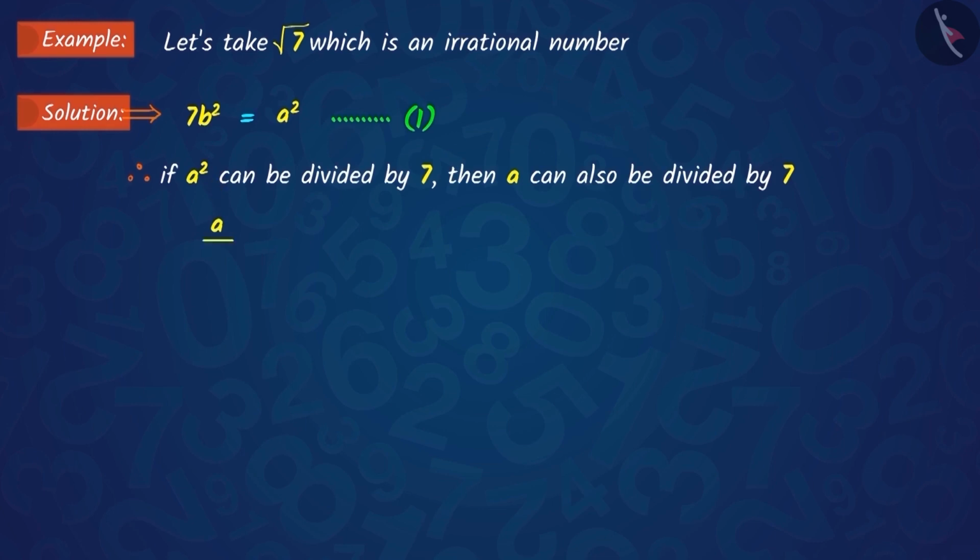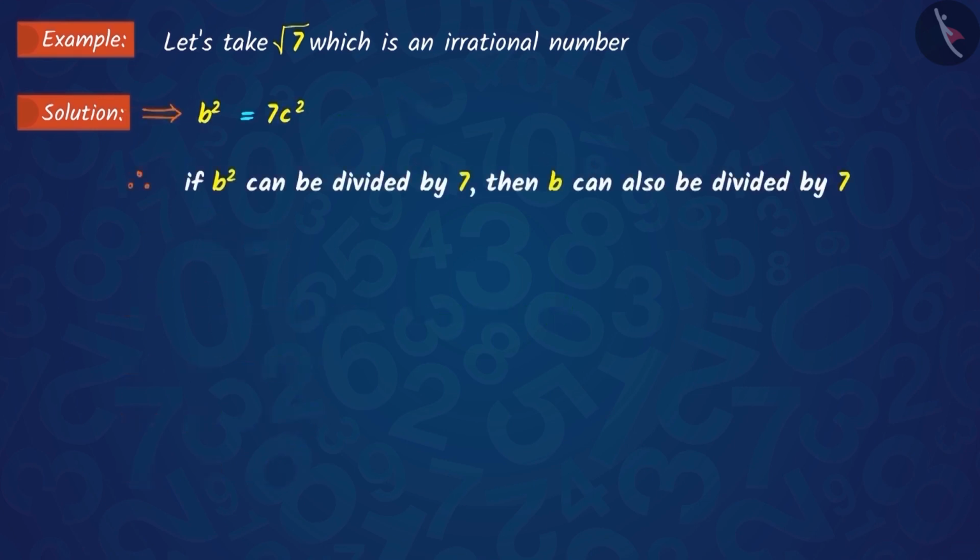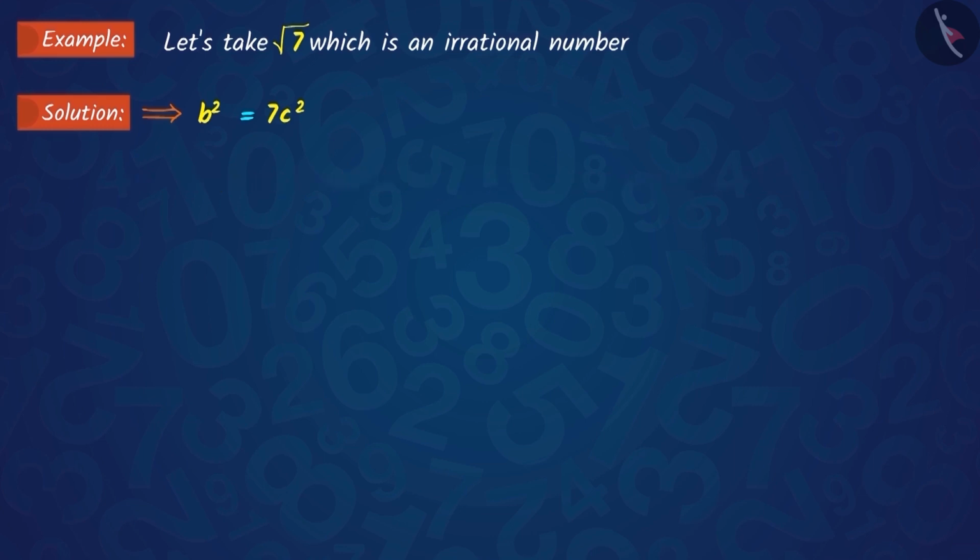Suppose, when we divide a by 7, we get c as a quotient, where c is an integer. Putting the value of a in equation 1 and solving, we get b squared is equal to 7c squared. This shows that 7 divides b squared. Then 7 will also divide b.